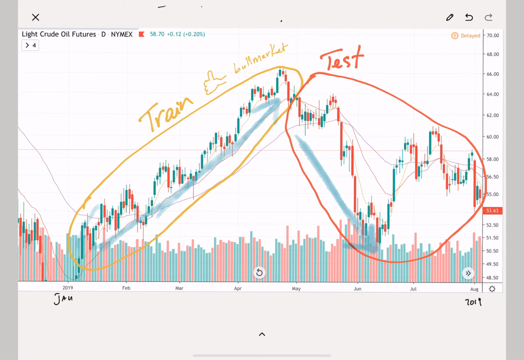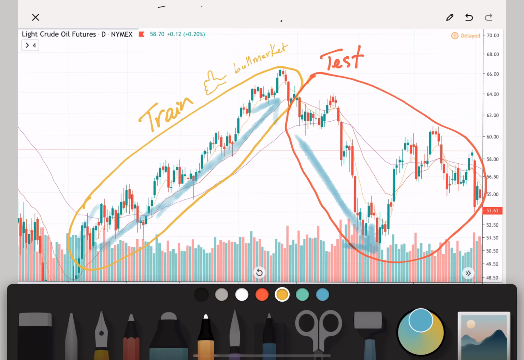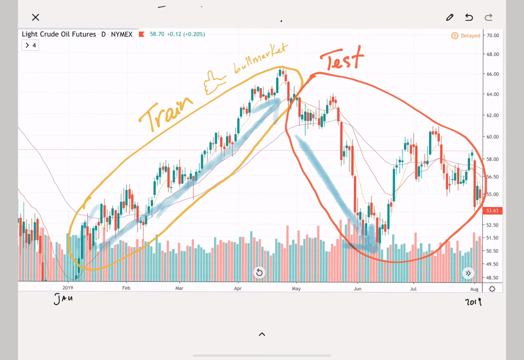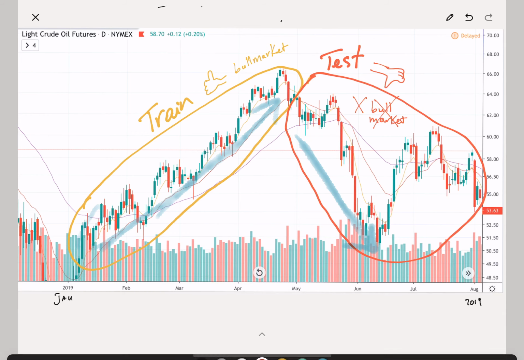But if you test it in the bear market, it's going to terribly underperform, because this is not a bull market, sorry, it is a bear market. So this model here is going to terribly underperform.